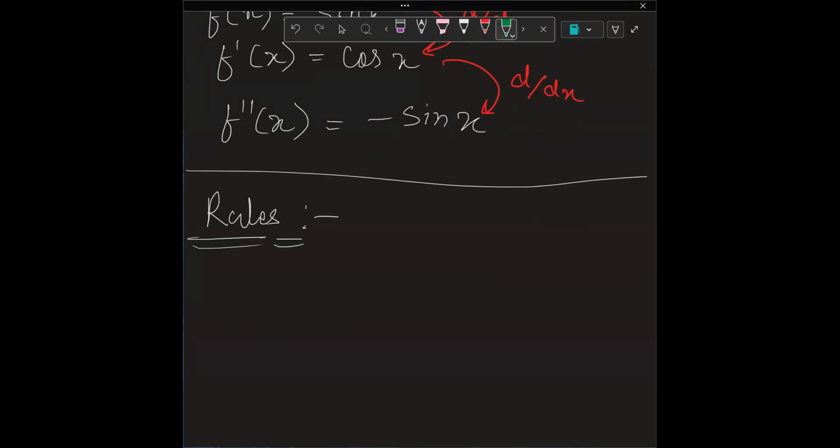First one is, if you have to derivate this, u and v are functions of some variable. This symbol represents that you are actually derivating something. So if you have such an algebra, this means you have to derivate u as well, and you have to derivate v as well separately. This is the first rule.